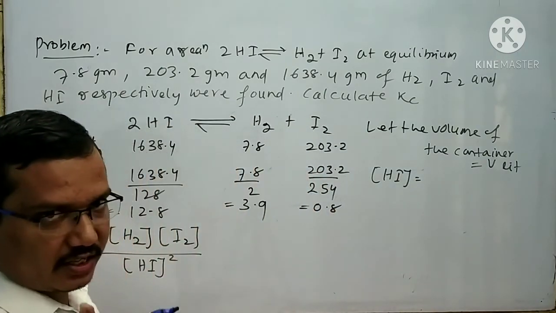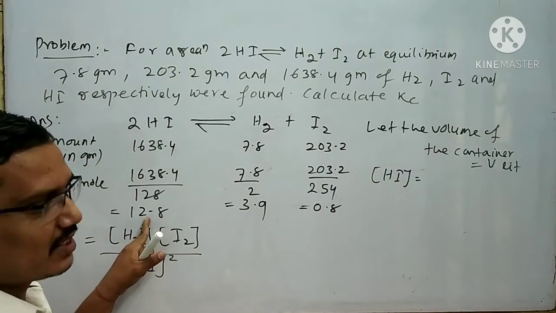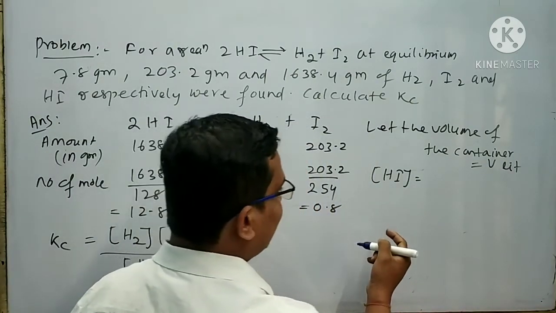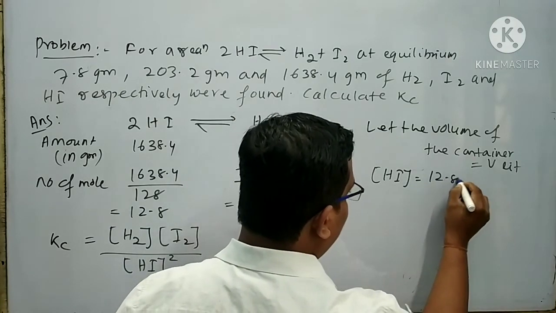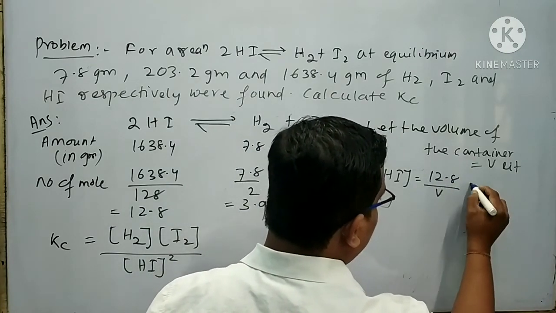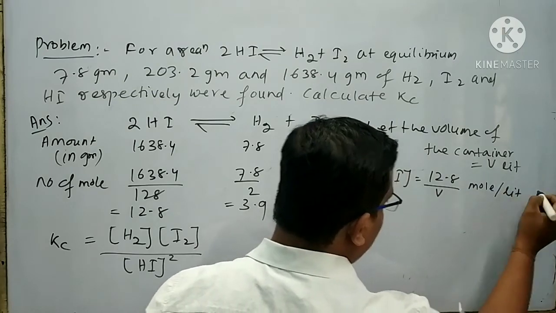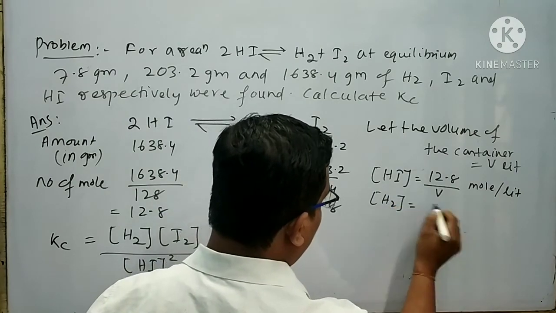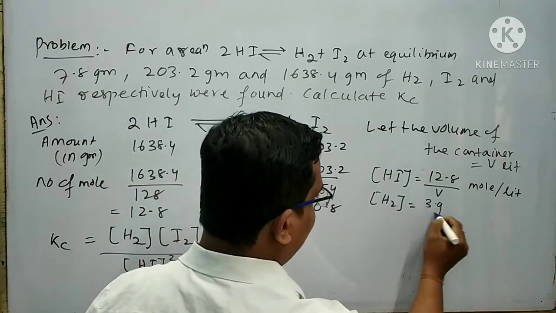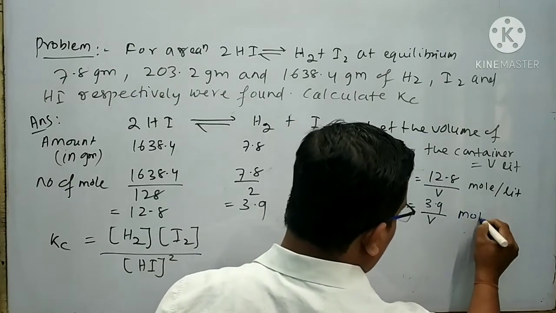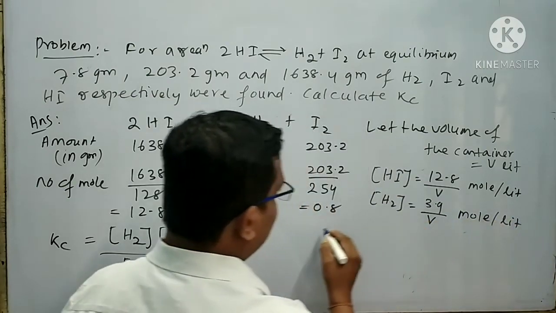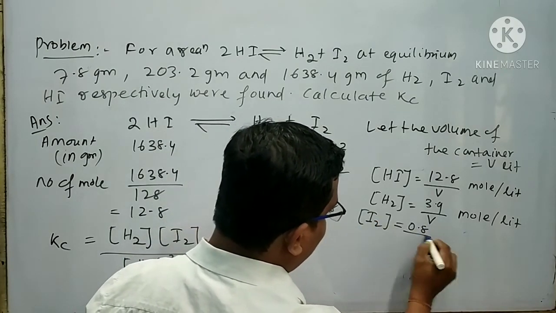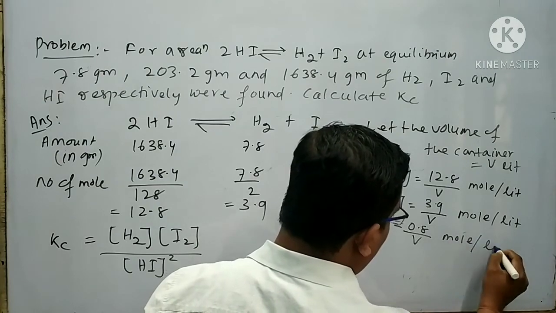Concentration of HI is equal to number of mole of HI divided by volume. So here I can write molar concentration of HI equal to 12.8 divided by V mole per liter. Similarly, the concentration of hydrogen equal to 3.9 divided by V mole per liter. Similarly, the concentration of iodine equal to 0.8 divided by V mole per liter.